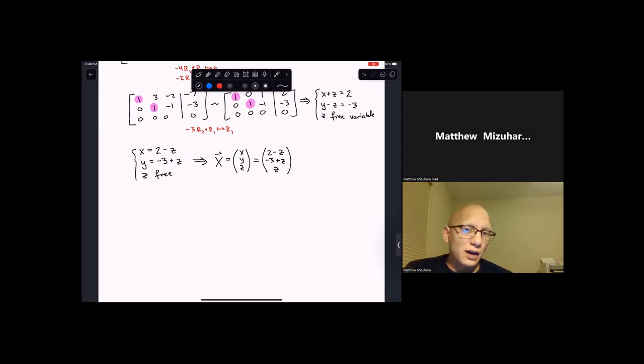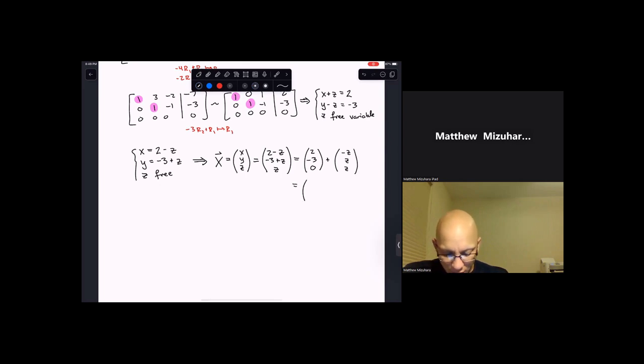I can take this vector and split it into pieces, sort of the z piece and the non-z piece. And so I have, for example, a 2, minus 3, and a 0, because there's no constant term in the third component, plus minus z, plus z, and plus z.